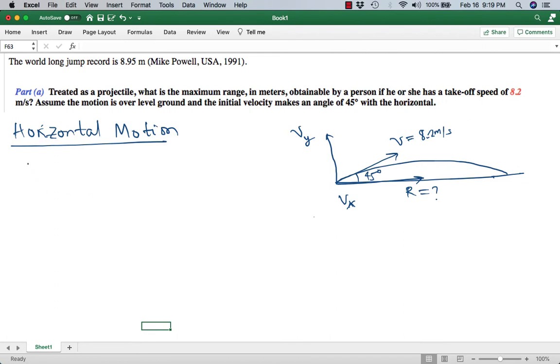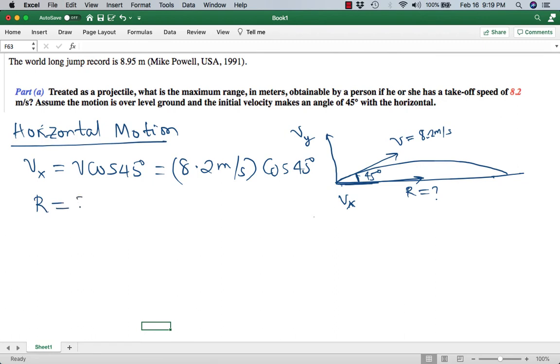Okay, so for horizontal motion, our velocity is vx, which is again the side that touches the angle gets cosine, so vector times cosine 45 degrees. Our vector is 8.2 meters per second, and cosine 45 degrees. That's our x component of the velocity. And range is what we want to find.